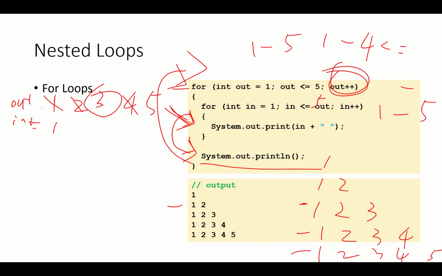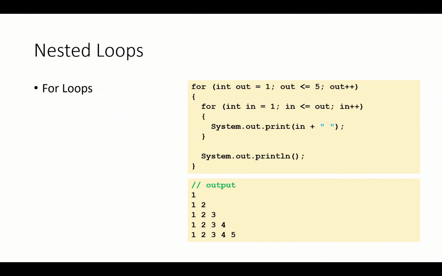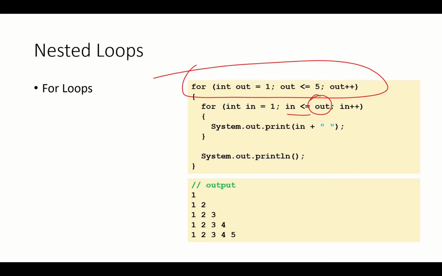Good. Okay, so most of the time, the nested loop is not easy to understand, okay? So you need to make sure how many times for the outer loops, right? Based on the outer loop, if you set here the maximum based on the out variable, it is not easy to understand.